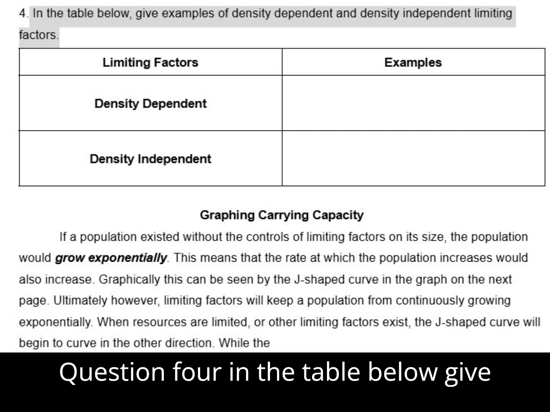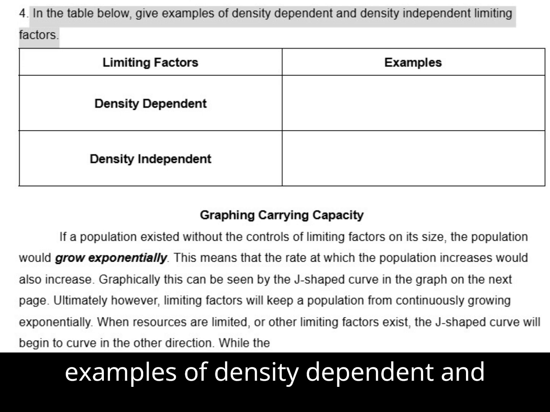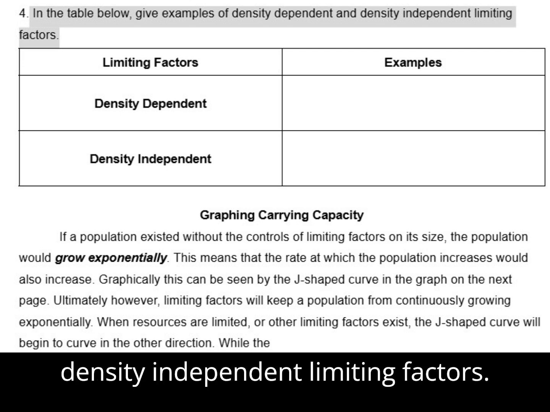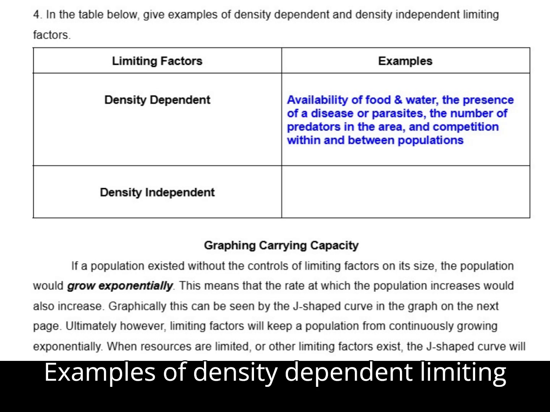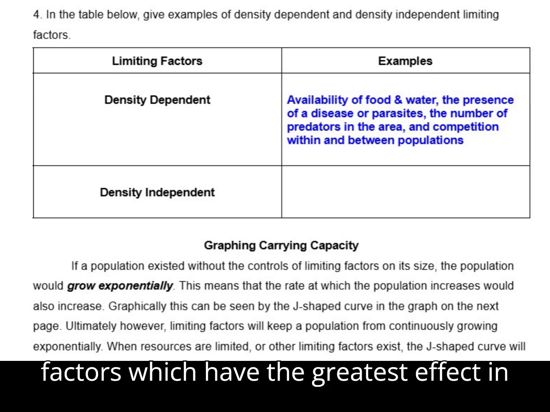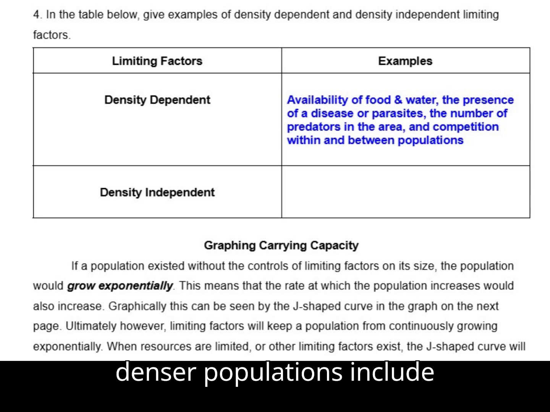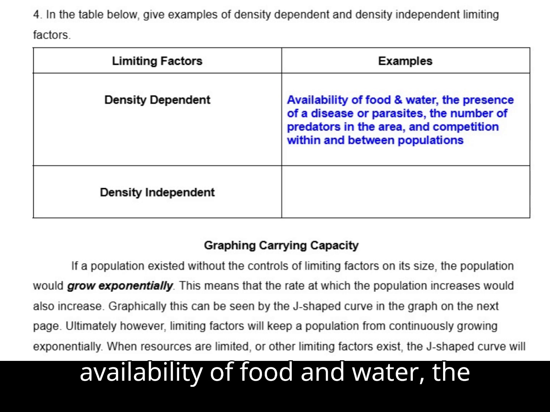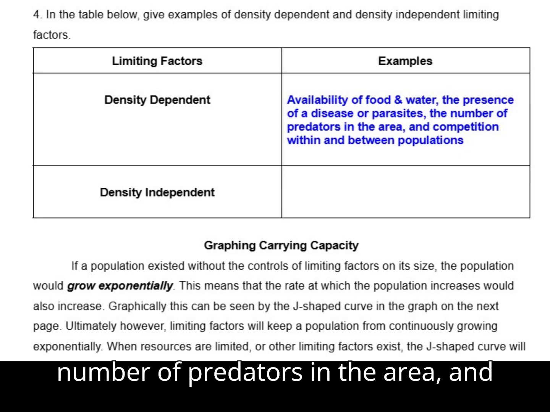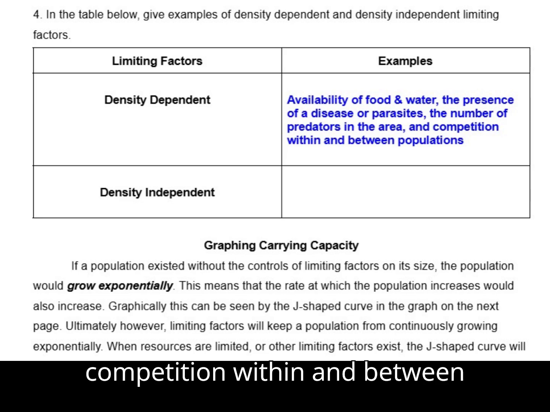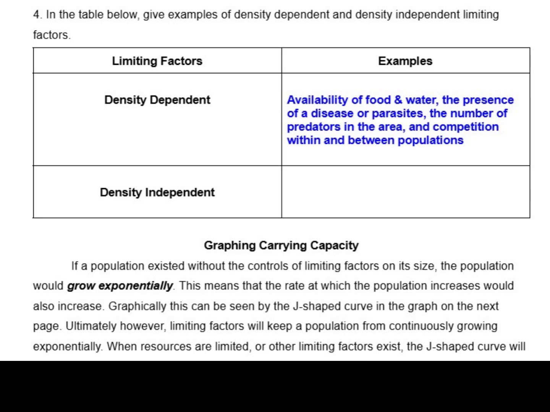Question 4. In the table below, give examples of density-dependent and density-independent limiting factors. Examples of density-dependent limiting factors, which have the greatest effect in denser populations, include availability of food and water, the presence of a disease or parasites, the number of predators in the area, and competition within and between populations.